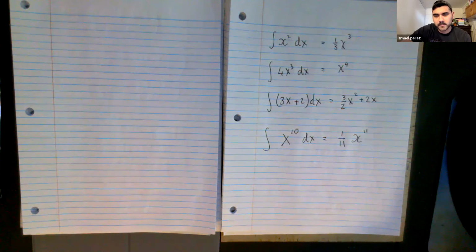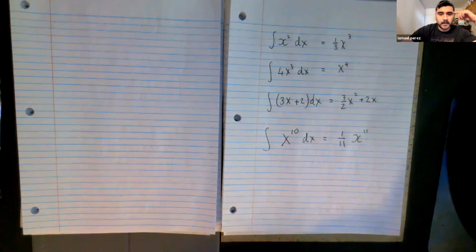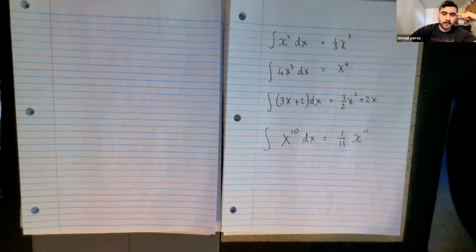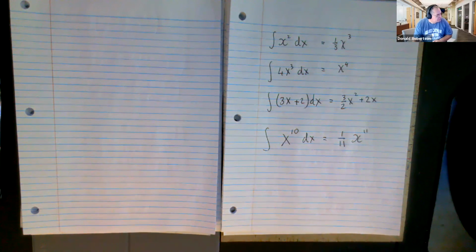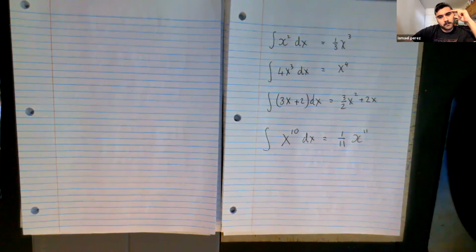You bring the exponent out to the front, they cancel out, and then you subtract 1 from the exponent. Subtract 1? You sure? Yeah, from the exponent. Which one do you mean?